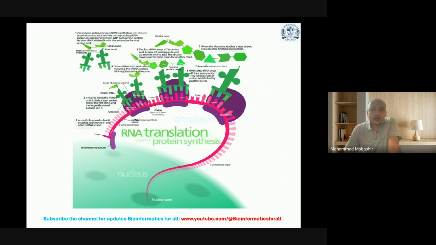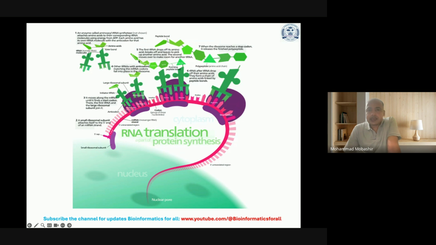And then you could see a series of processes. A small ribosomal unit attaches itself to the 5' end of the mRNA strand, and then it moves along the mRNA until it finds a start codon. There, the first transfer RNA and the large ribosomal unit joins it.